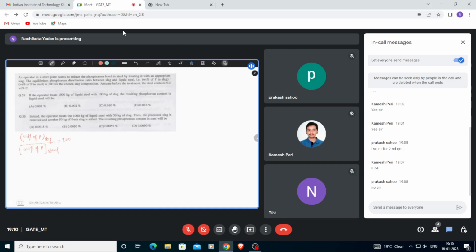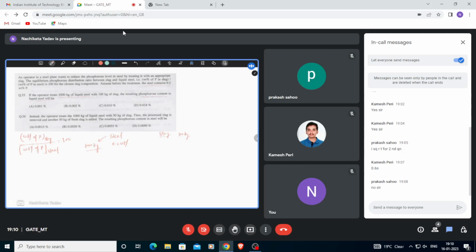For a chosen slag composition, assume before the treatment the steel contains 0.28% phosphorus. If the operator treats 1000 kg of liquid steel with 100 kg of slag, we have to find out the resulting phosphorus content in the liquid steel.